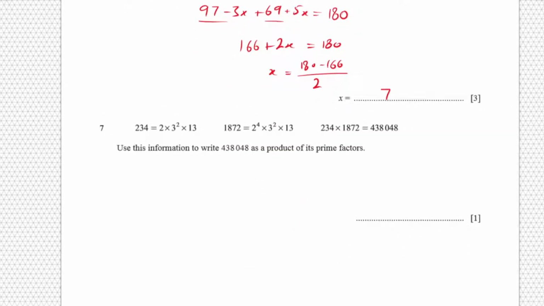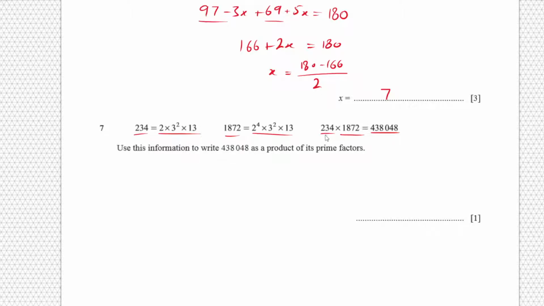Question number 7. Use this information to write 438,048 as a product of its prime factors. Looks a bit overwhelming at first, to be honest, but if you look at it, they have broken down the number between 234 and 1872, and they've also shown you 234 and 1872 as products of their prime factors.